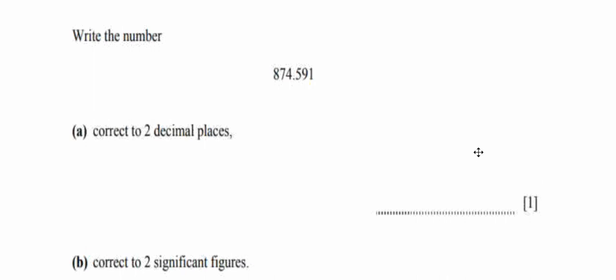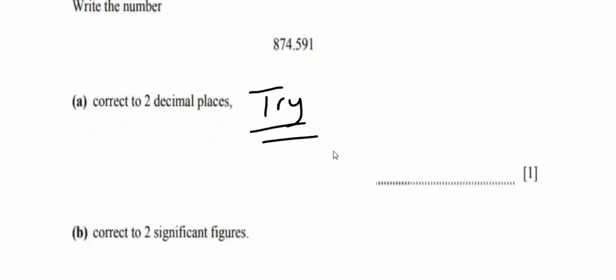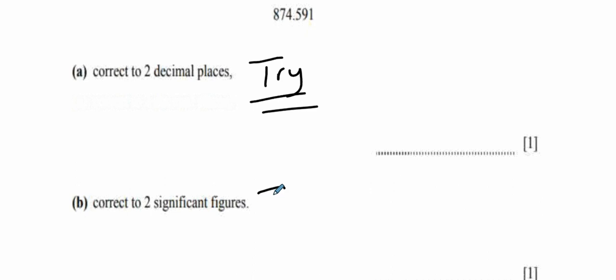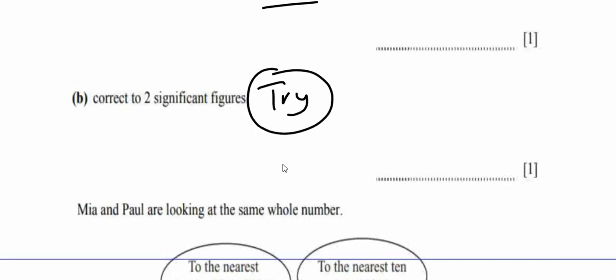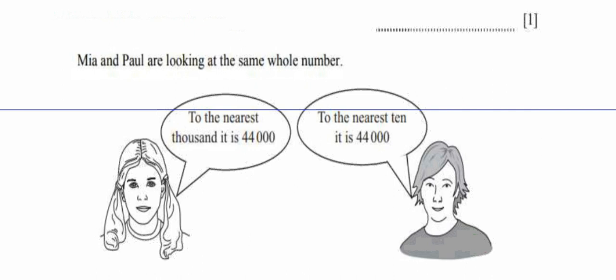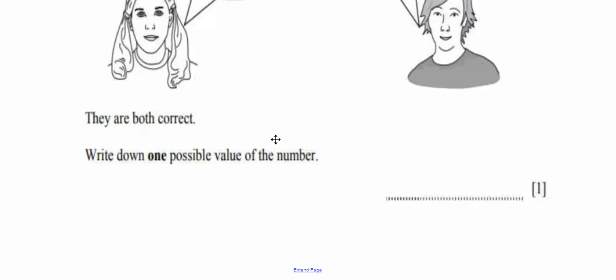This I've taught you many times, using a calculator and using your mental ability. So this you have to try. No excuse. Significant figures, this also you have to try. No excuse. But still, if you don't understand, then you can drop me a message, then I will come back to you.